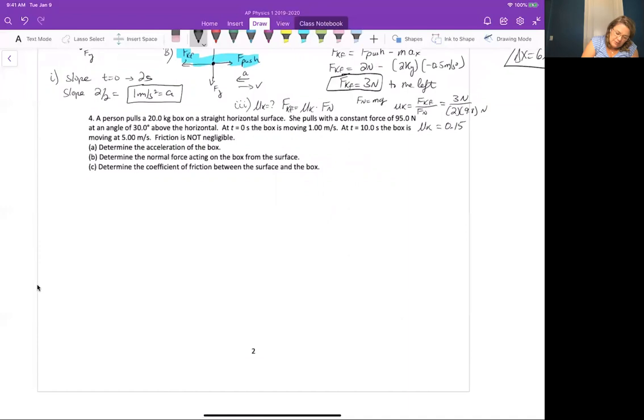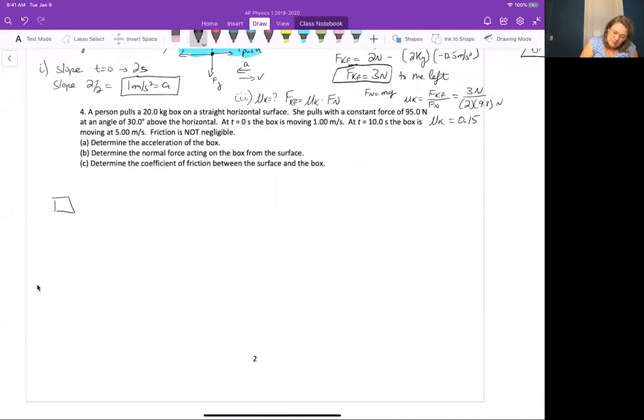Okay, let's draw pictures. Person pulls a box. She pulls with a constant force of 95 newtons equals the force applied at an angle of 30 degrees above the surface.